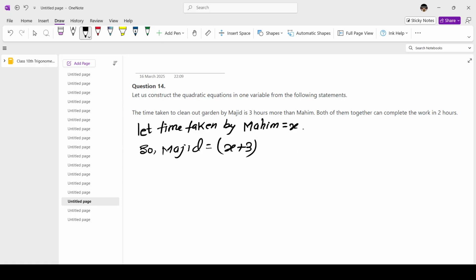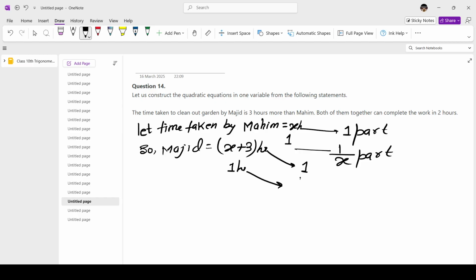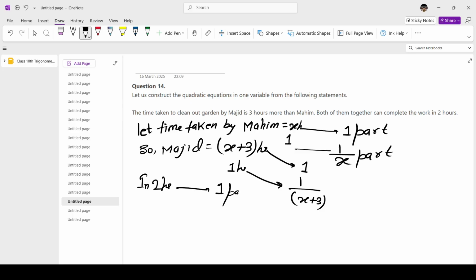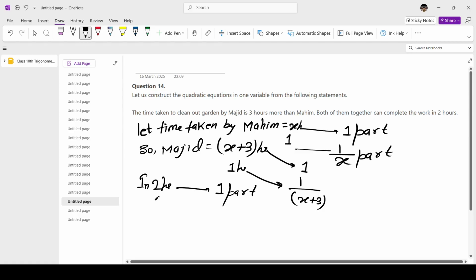Now, if Mayan takes x hours to complete the work of one part, in 1 hour he will complete 1 by x part. In the same way, if Majid takes x plus 3 hours, then in 1 hour he will complete 1 by x plus 3. And in 2 hours, we complete one part, so in 1 hour we complete 1 by 2.